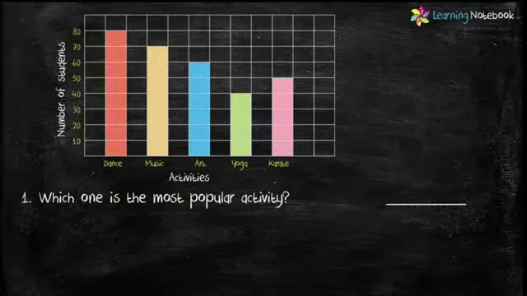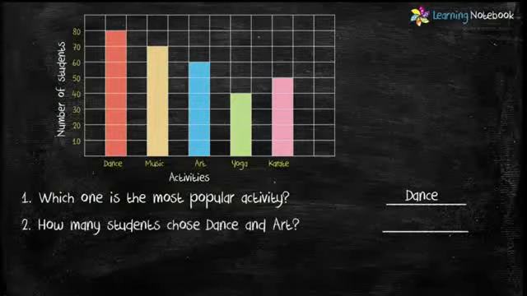Question 1 is, which one is the most popular activity? To answer this question, let's look at the tallest bar, which is of dance. So dance is the most popular activity. Question number 2 is, how many students chose dance and art? First, let's see the bar for dance.